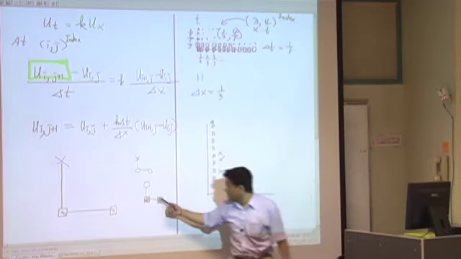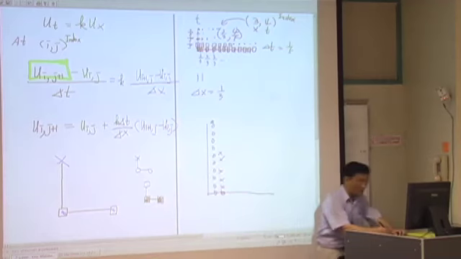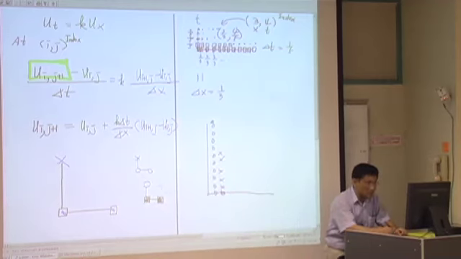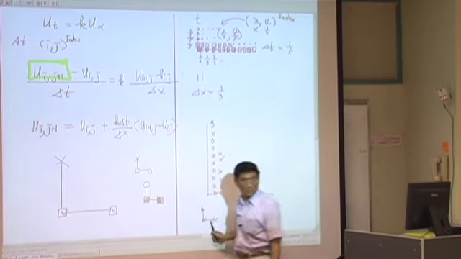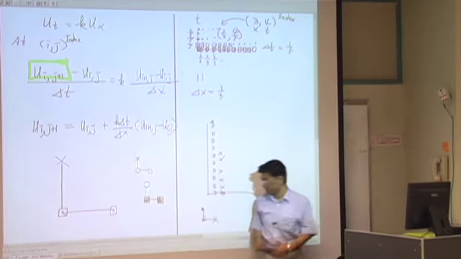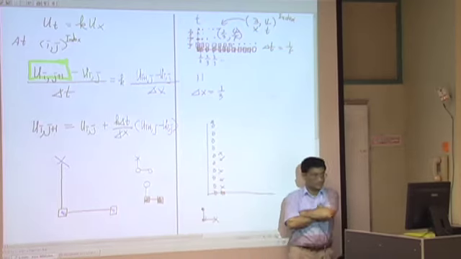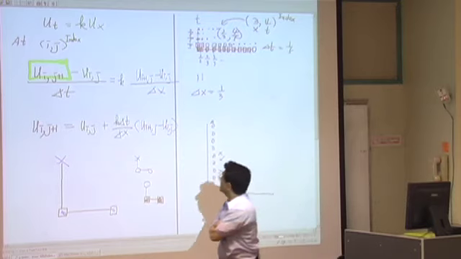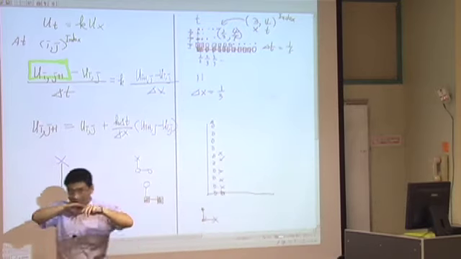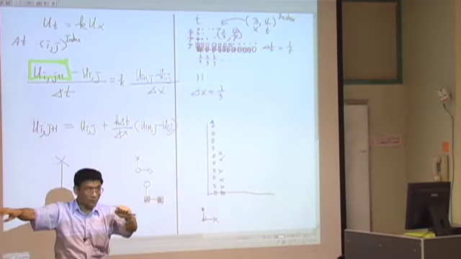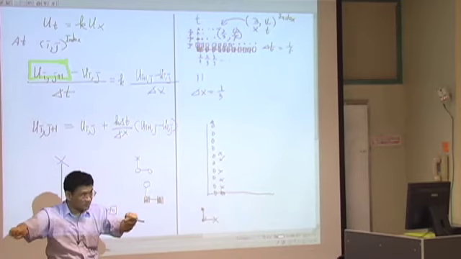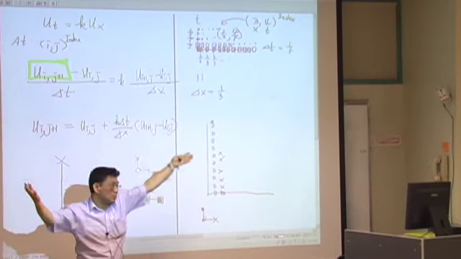In other words, this stencil is correct, but if you somehow try to use the other stencil like this, then you will be in trouble. If you try this kind of direction, then you cannot solve it. In the spatial axis, we know the initial values, but in the time direction, we don't know.